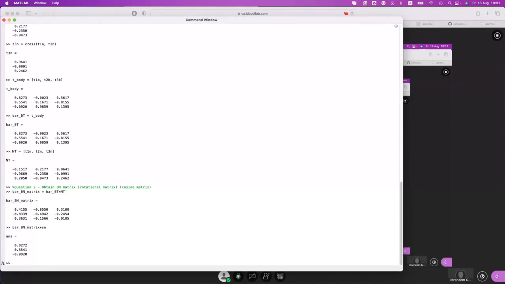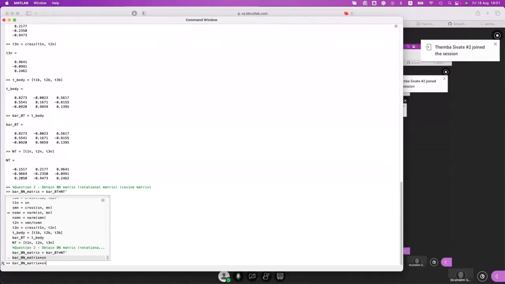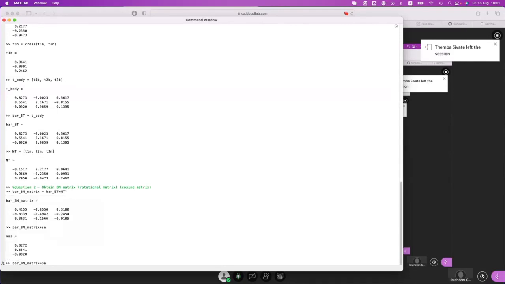All right. So now let's look at multiplying with Mn. Remember, we have two known measurements, the inertial frame components for Sn, and we have for Mn.